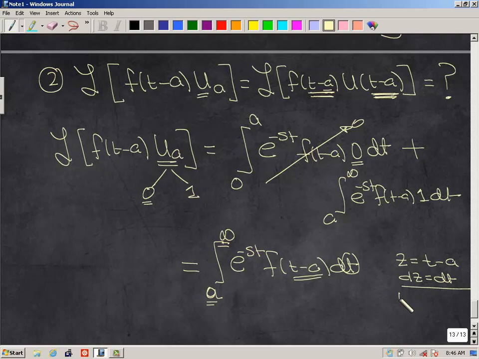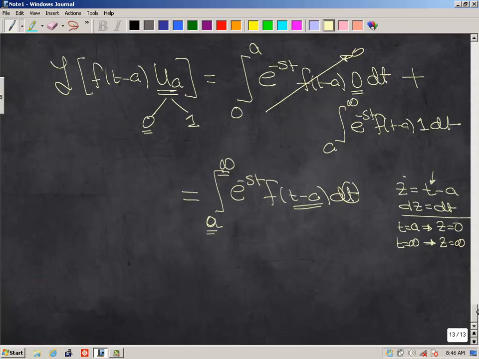So what happens when t is equal to a? If I replace this t here with a, we get a minus a, so z would be 0. What happens when t is equal to infinity? You'll get infinity minus a, which is still going to be infinity. So we got that done. What about t itself? If we do back substitution, what is t then? It'll be z plus a if you solve for t.